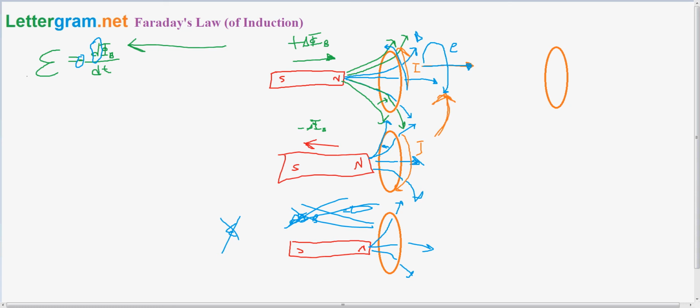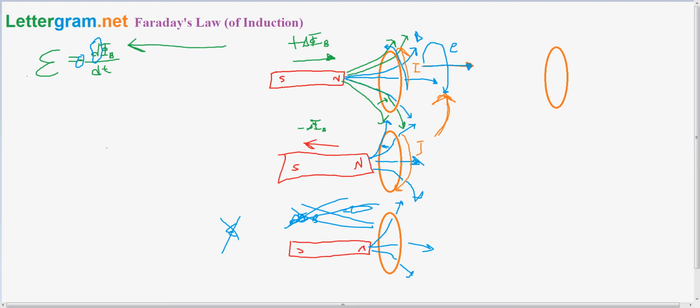Basically, the idea behind all of this is that when you take a loop of some kind and stick it into a magnetic field, you're going to have some change in EMF if the flux is changing, or if there's more or fewer field lines running through it.